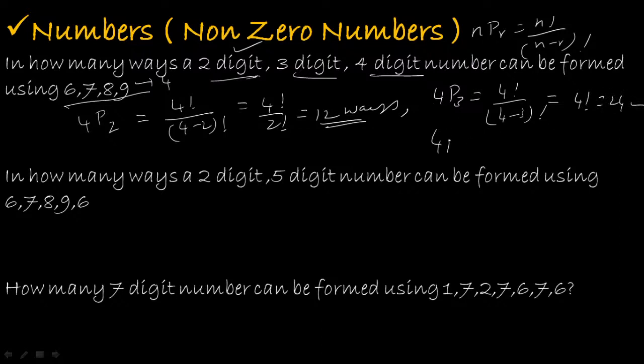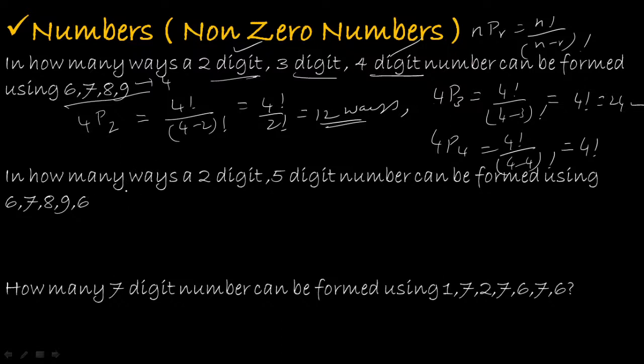And next, 4P4, taking all 4 digits, is 4 factorial over (4 minus 4) factorial. 4 minus 4 is 0, and 0 factorial value is 1. So here itself you get 4 factorial ways. These are all general problems you can directly answer without much difficulty, isn't it?